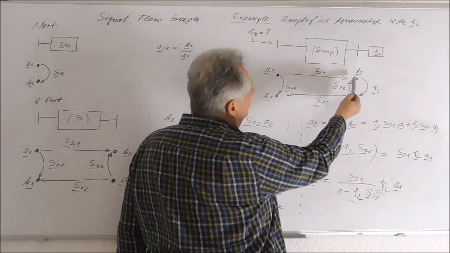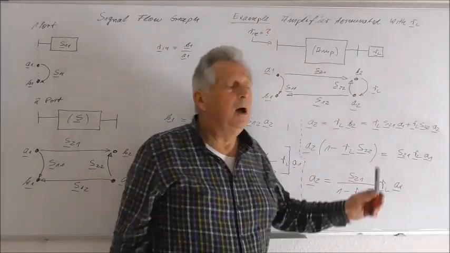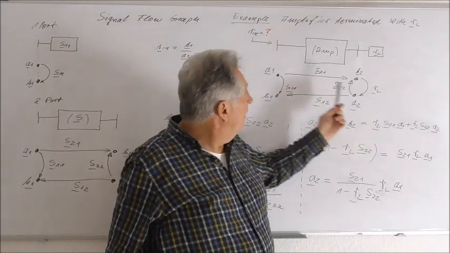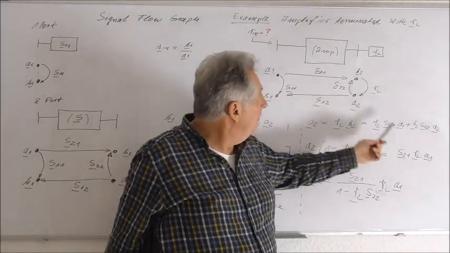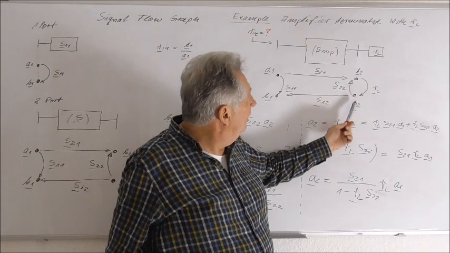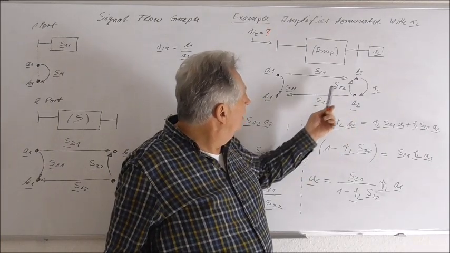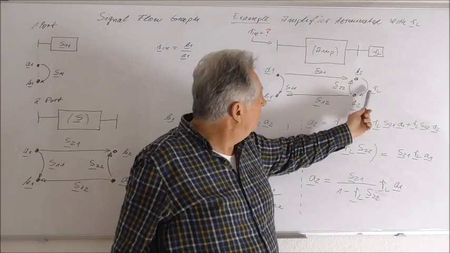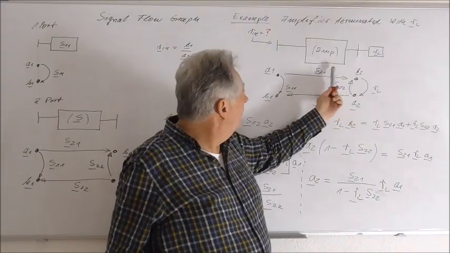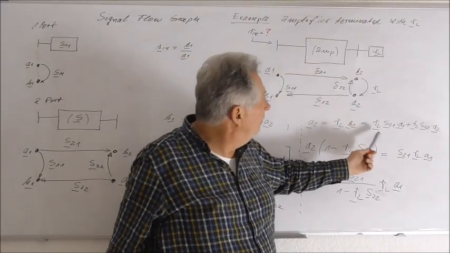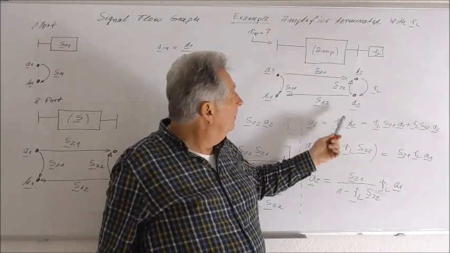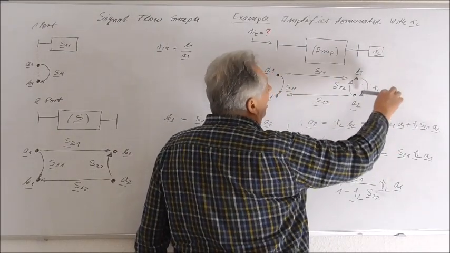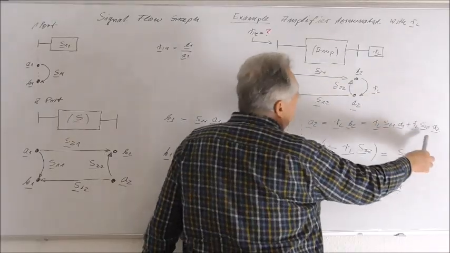But B2 again is composed out of two branches. One branch is given over A1. If I have a look at A2, then this is B2 times RL, but we have this times A1, so this gives the first term. And the second term is given by RL times S22.